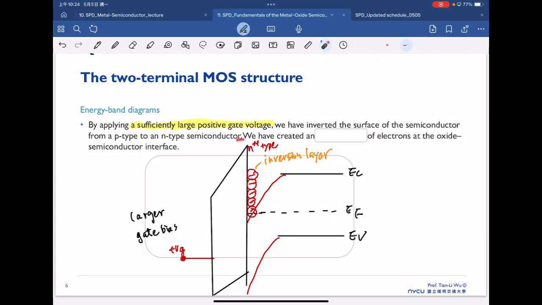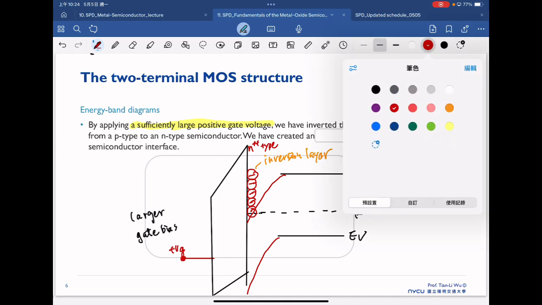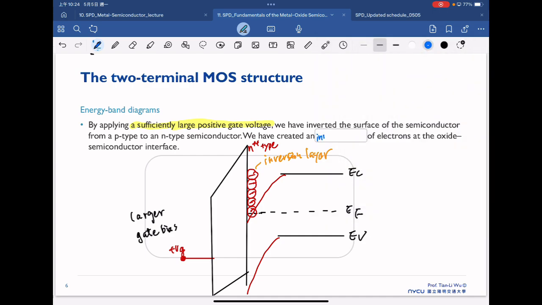Then we have created an inversion layer of electrons at the oxide-semiconductor interface. So that's the case where we apply the large positive bias.